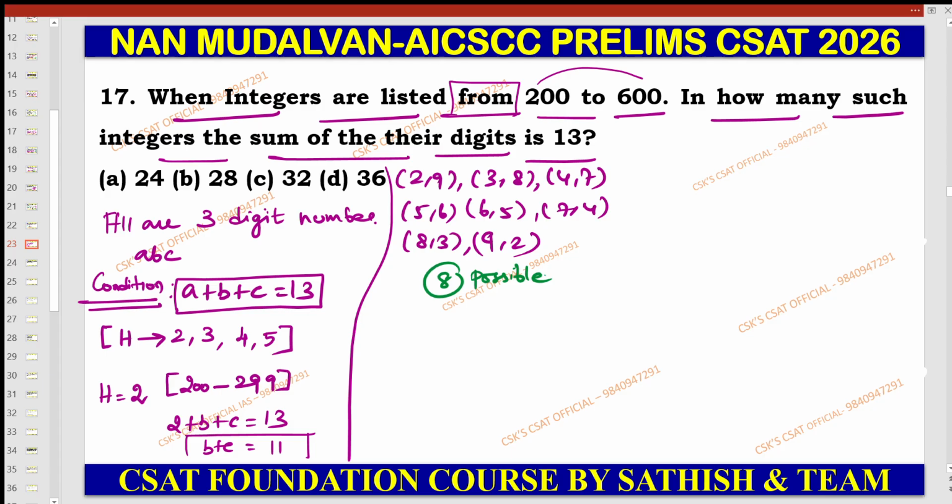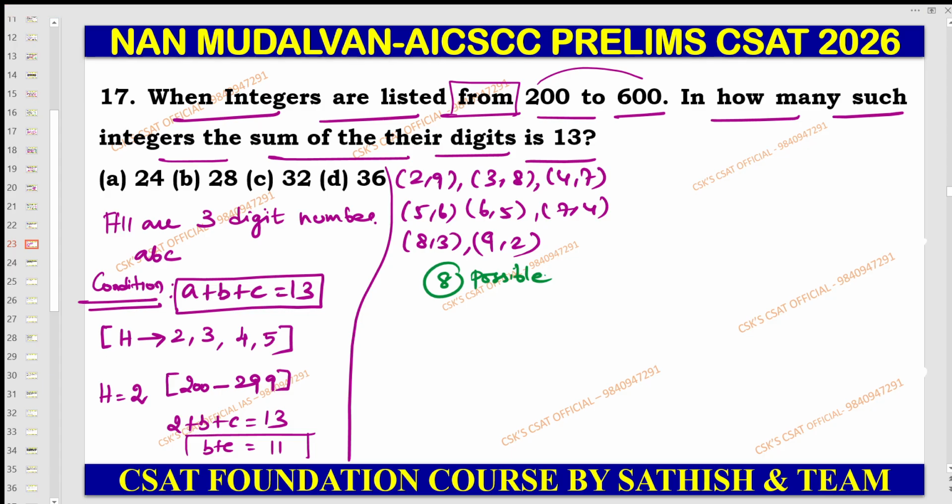Now the 2 case is over. So let's focus on h equal to 3. h equal to 3 means the 300 series, 300 to 399. So here 3 plus b plus c is equal to 13, so b plus c must be 10.